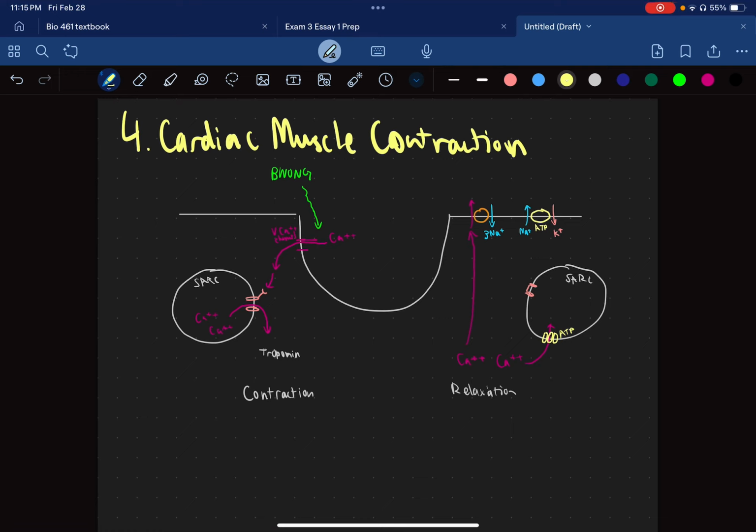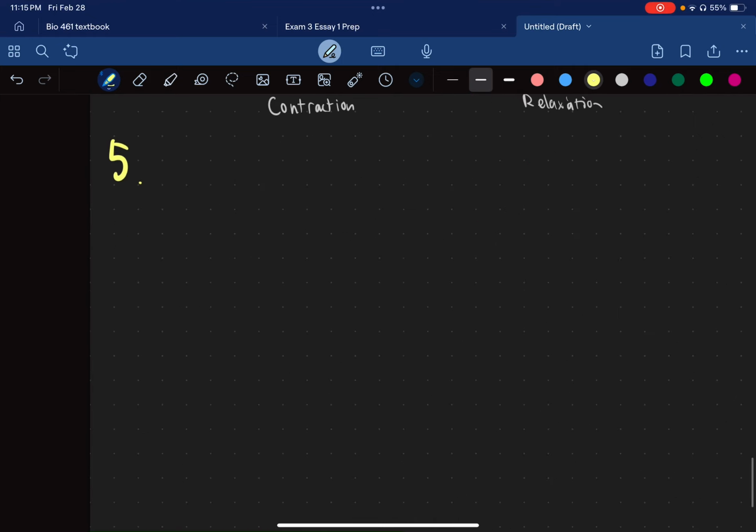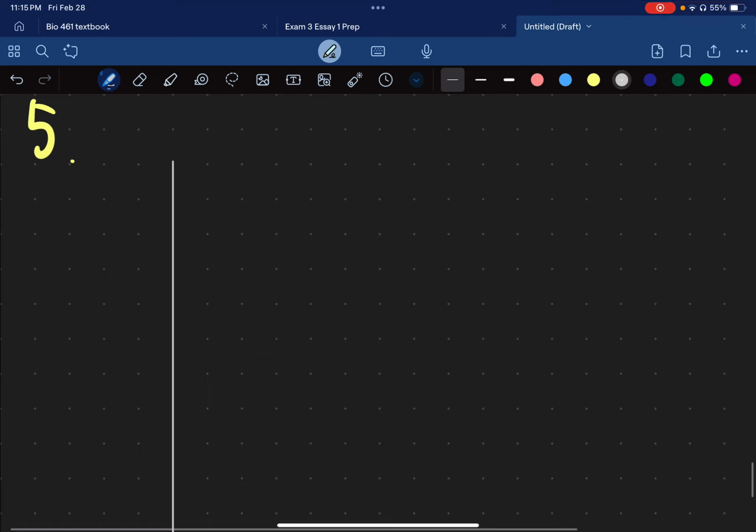And lastly, let's quickly go through the cardiac cycle. There's a really good graph that kind of shows and demonstrates what's happening in the ventricles. Basically, pressure is one of the best ways that we can illustrate this.